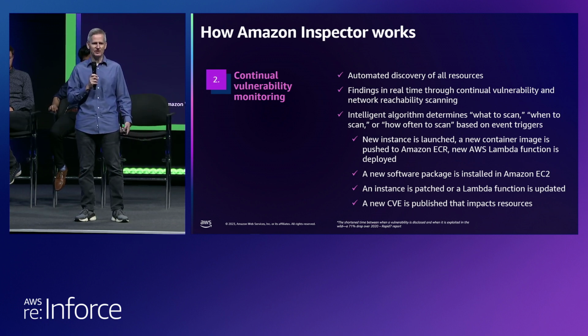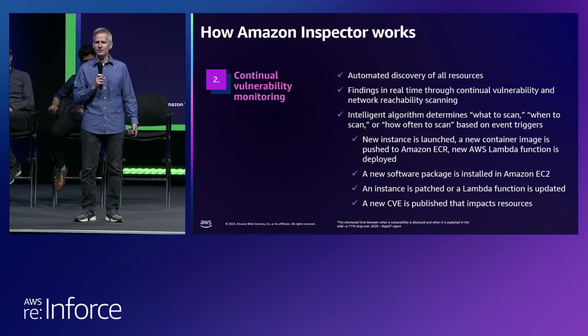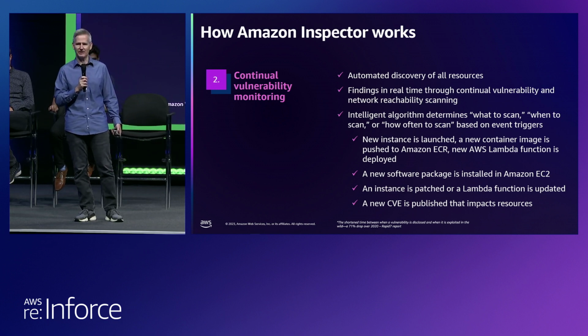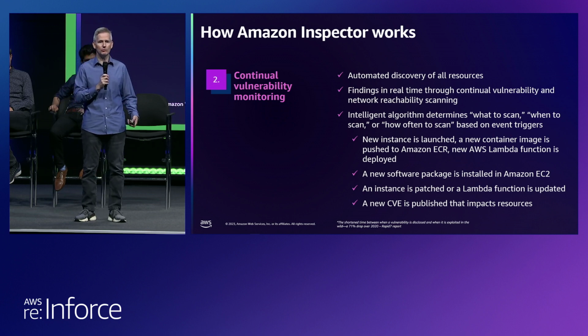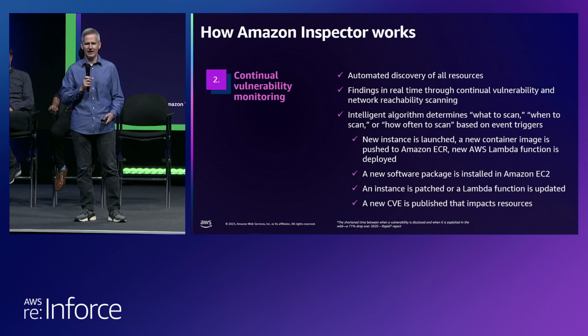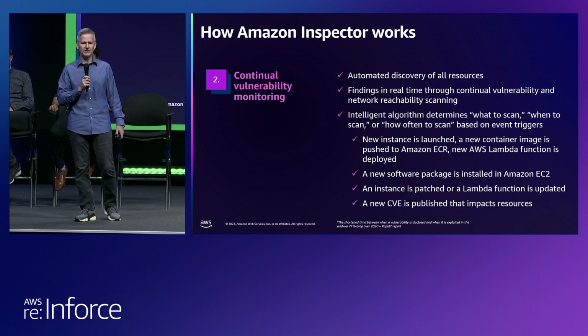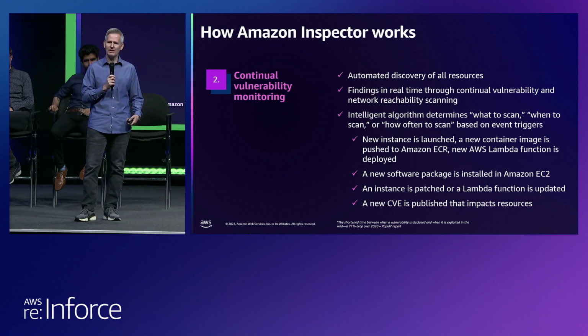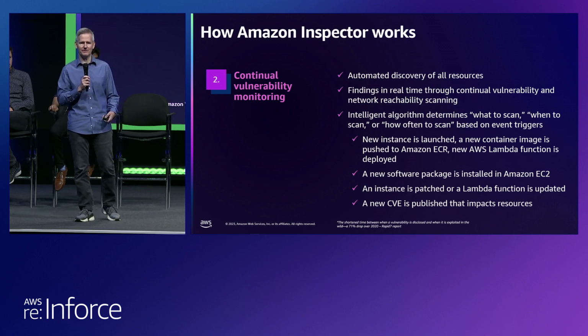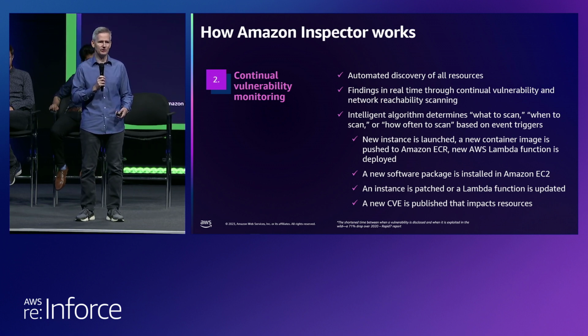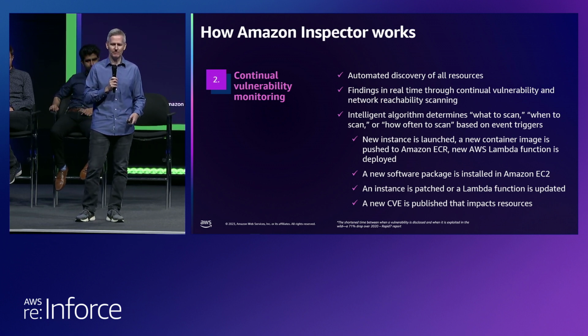And now, as an Inspector customer, you're in a position to know exactly how you're impacted and where you're impacted without waiting for someone to go run a scan, collect results, and do some more analysis. So this really is what we call a managed service. Instead of you as a customer having to define when you scan and what you scan, we do that for you.